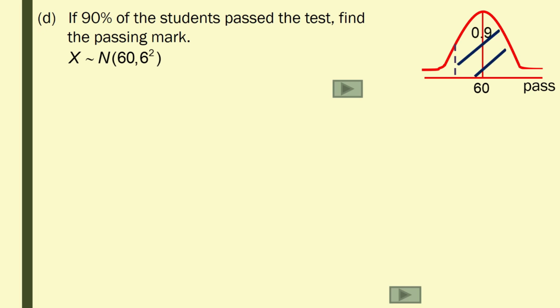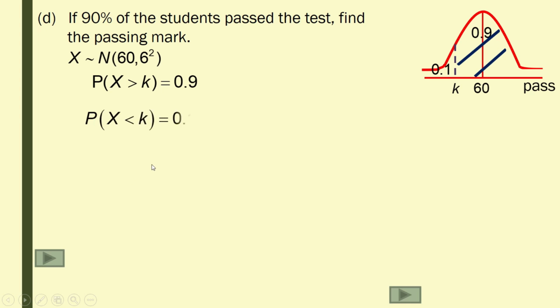So the area is 0.9. The left side is 0.1 and we label it as K. So from the picture we can see that P(X > K) is equal to 0.9. Okay, we can change to P(X < K) equal to 0.1 and we change to standard normal distribution.